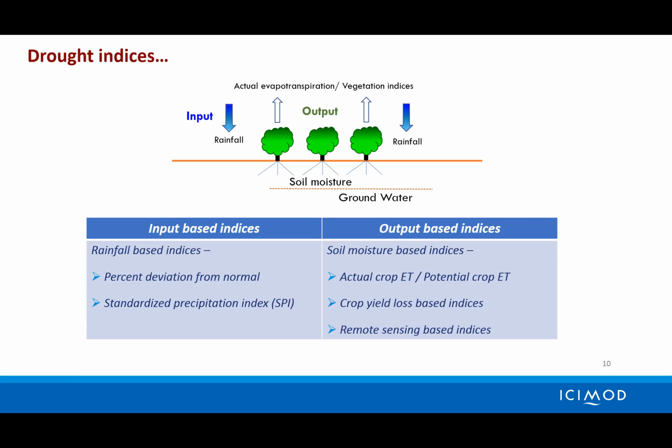So there are benefits and disadvantages for both. Input based index is simple to monitor, and you do not need complex modeling and a complex system for that. But it might not be a good indicator for impact, while output based indicators are a little bit complex to implement, but they are good indicators for impact on the ground or on the crops.